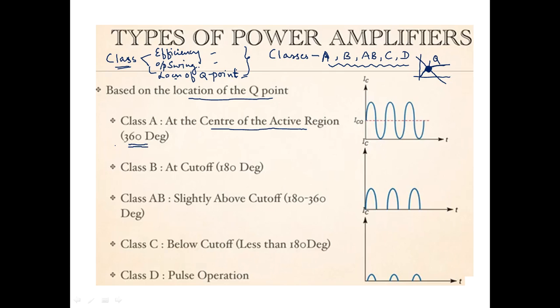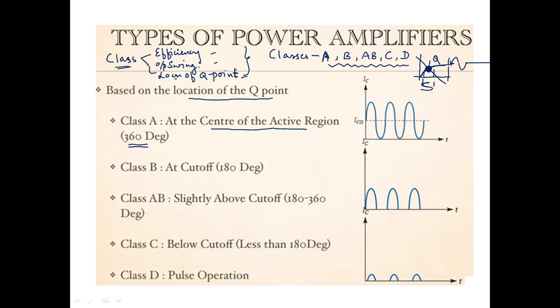What does that mean? That means if my input is varying like this, then at the output side there is an output signal for each and every value of the input signal. That is the meaning of 360 degrees output swing.